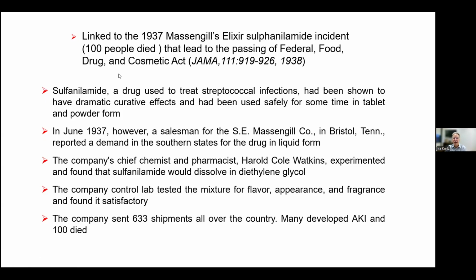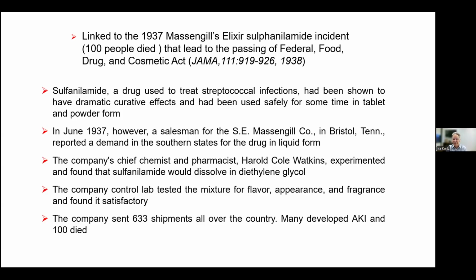So sulfanilamide used to be used to treat strep infections, and it was shown to be safe for some time in tablet and powder form. But in 1937, the SC Messingill Company in Tennessee reported a demand in southern states in the U.S. in a liquid form.